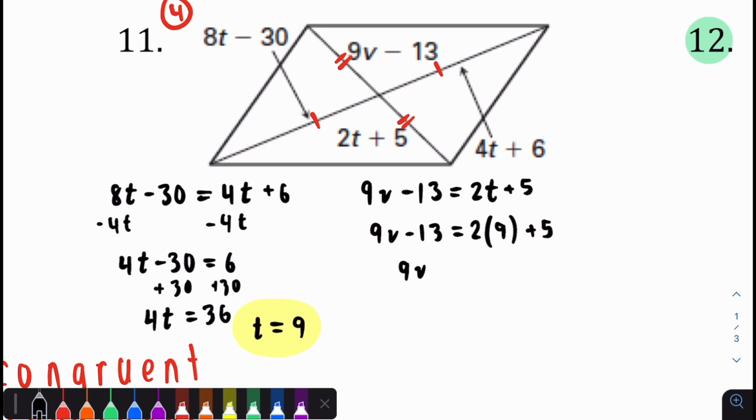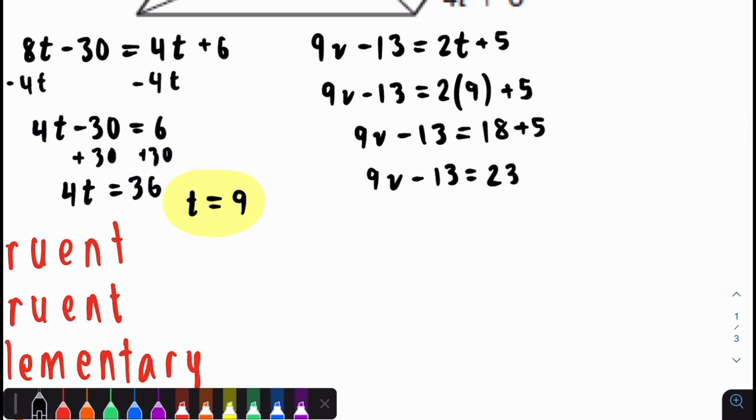So 9v minus 13 equals 18 plus 5. I'm showing a lot more steps than you really need to show. I'm going to add 13 to both sides.